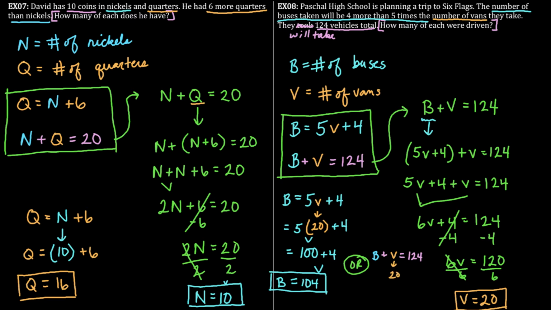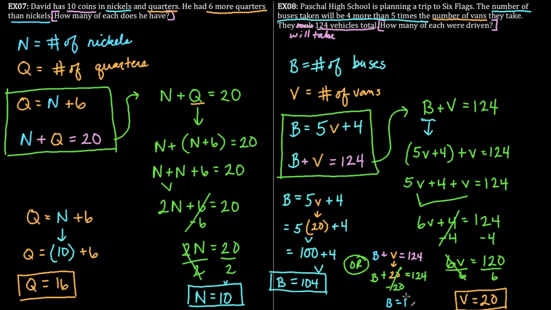So you end up with B plus 20 equals 124, and then you take away the 20, and you get B equals 104. I forgot to subtract it here.